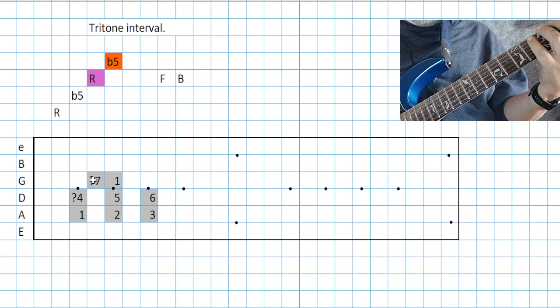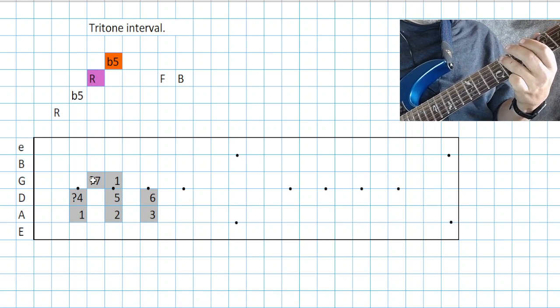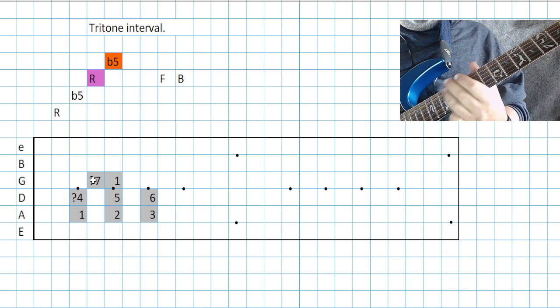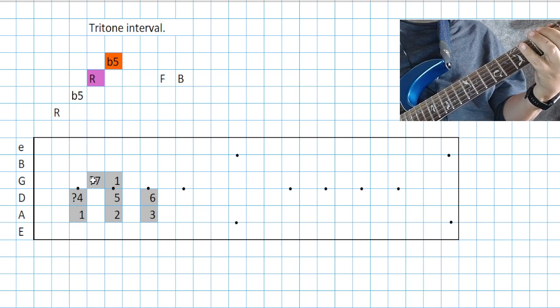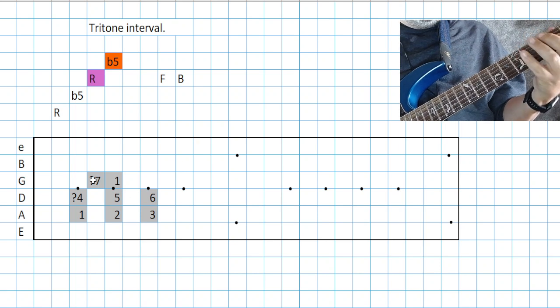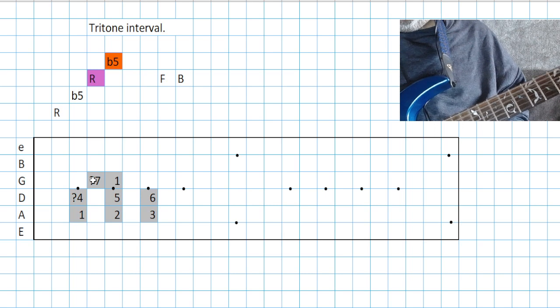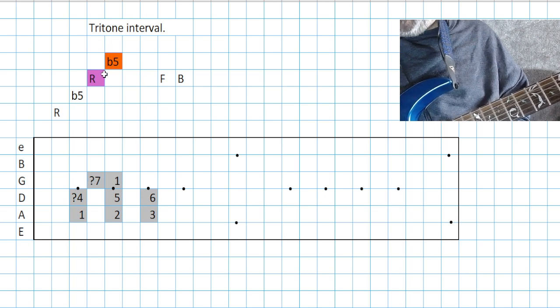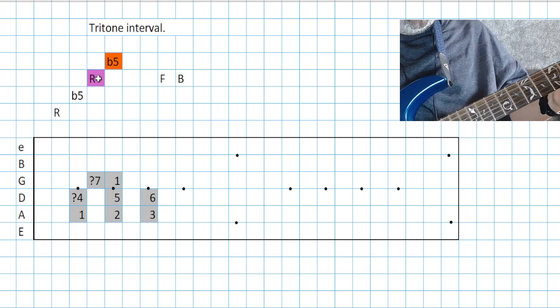So once again, Ionian as part of Lydian. One note makes it different. And that just happens to be one of the tritone notes.